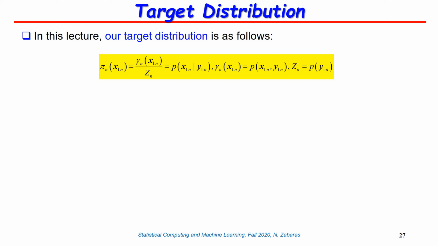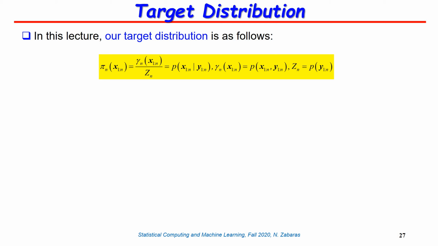But remember, we're looking for a posterior distribution given the y's. We're trying to compute the posterior of all the x's. So the unnormalized part of the target posterior distribution, so that's the joint distribution of x and y, I am going to denote it with the letter gamma n of x1:n. So this is what I am going to use to simplify the notation from now on.